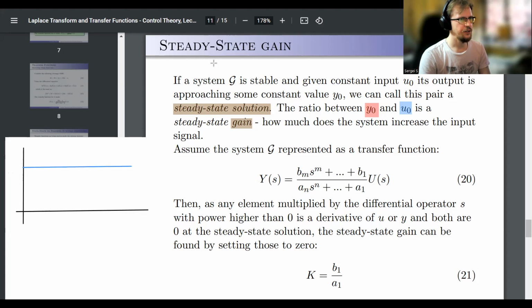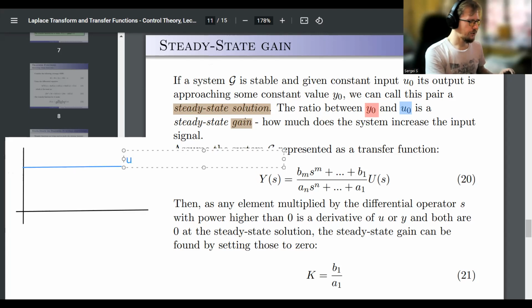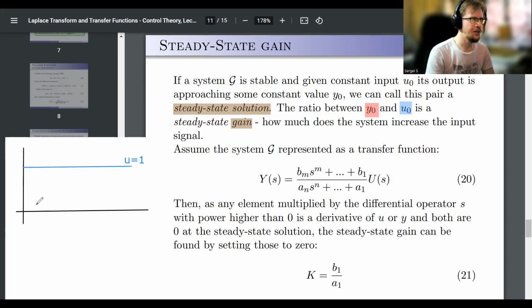This is in blue. u equals, let's say, 1. Okay. Now the output, let's say, becomes something like, and here I apologize, I'll have to draw by hand, so it will be ugly. The output, let's say, is something like this, and it goes like this. Okay.